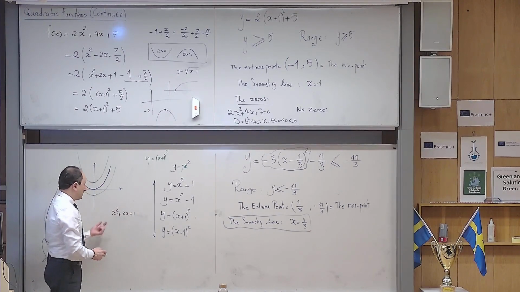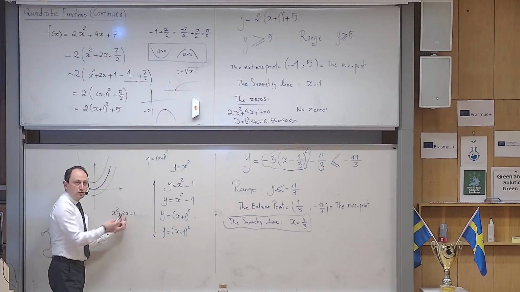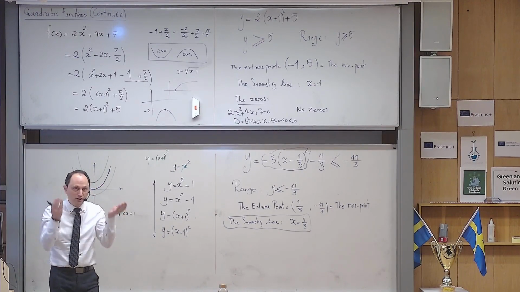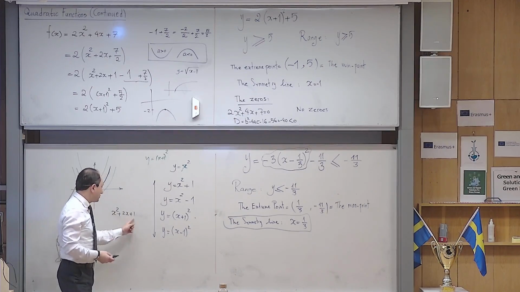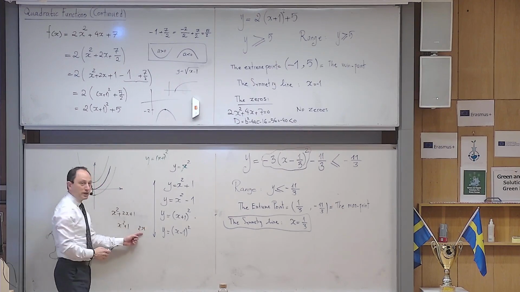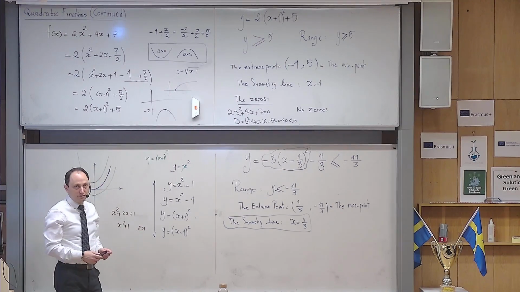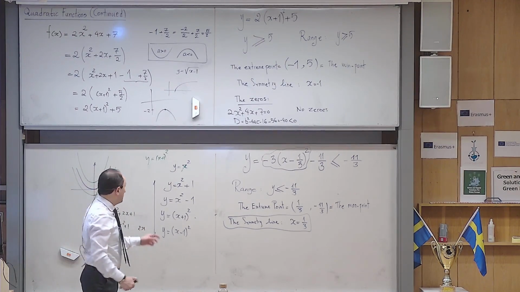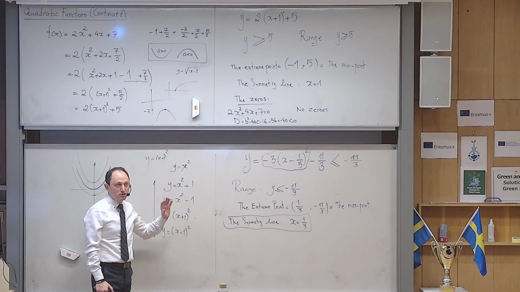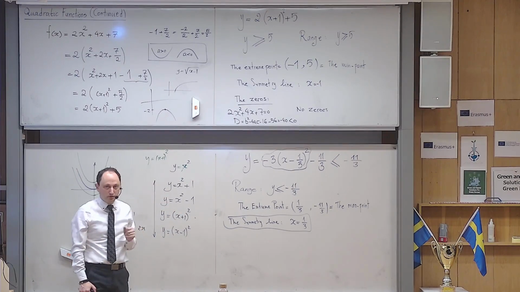So you cannot say I am adding 2x to it. That's correct, but it is not easy to imagine what happens. If I have x squared plus 1, and if I add 2x to it, because 2x is not fixed, I don't know what's happening. But here, 1 is fixed.